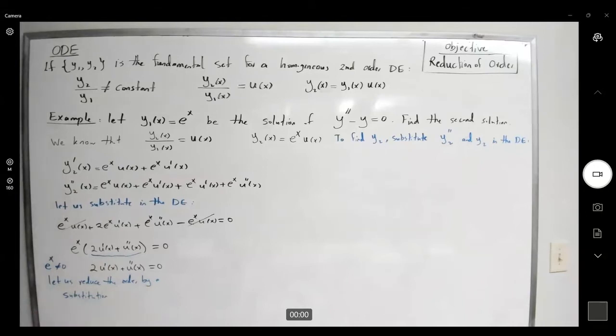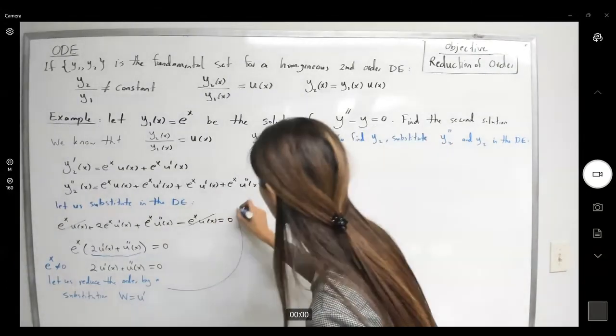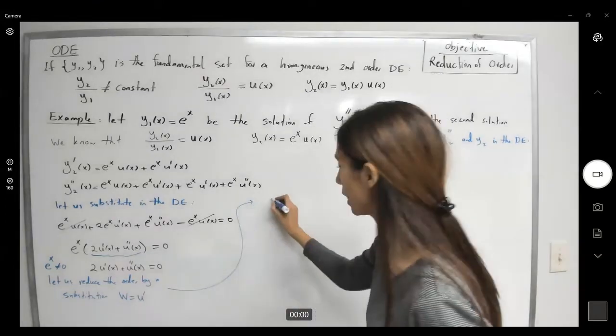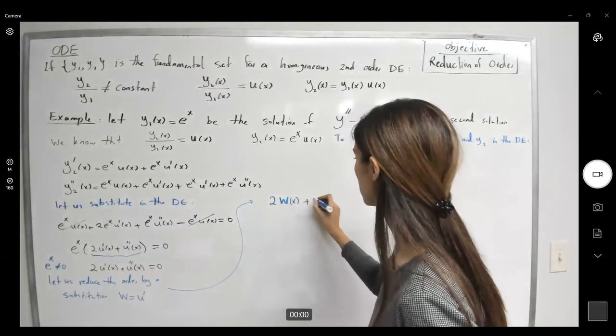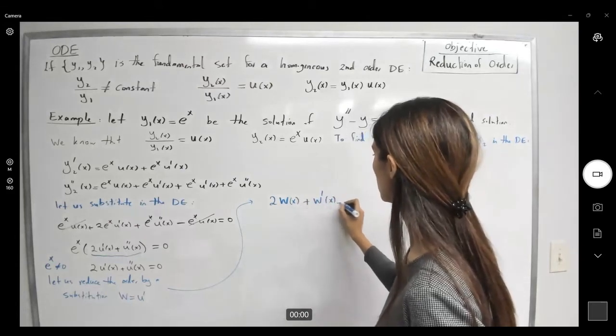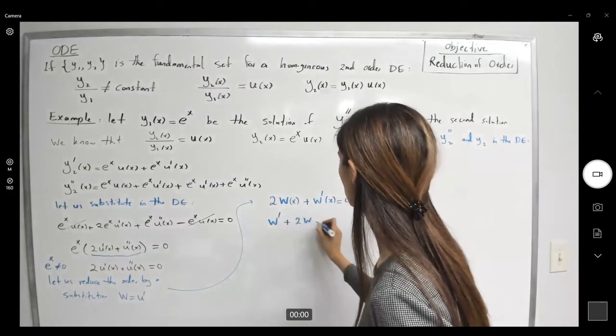Okay, very good. What substitution? Instead of u prime, use a function like w. So w is equal to u prime. What do we get? We have 2w of x plus w prime equal to 0. So w prime plus 2w is 0.